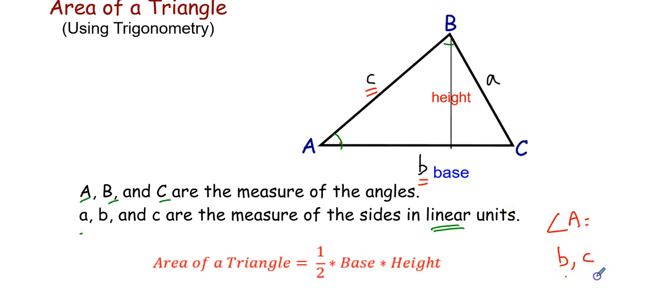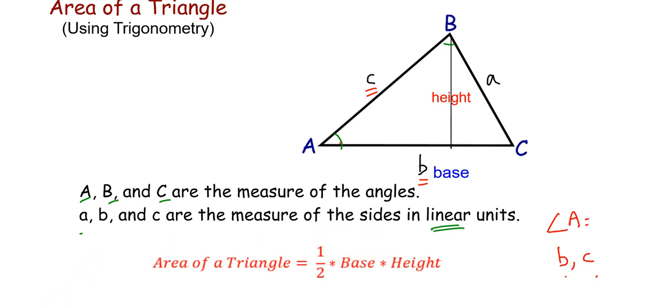You have those two sides and the included angle. That's all. The height is not given to us. So in such a case, how do you find the area of a triangle?